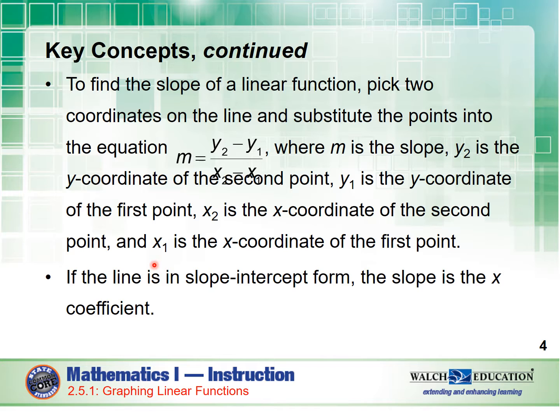If the line is in slope-intercept form, the slope is the x-coefficient. So what that means is, I'm going to just make up an equation: y equals 3x minus 4.